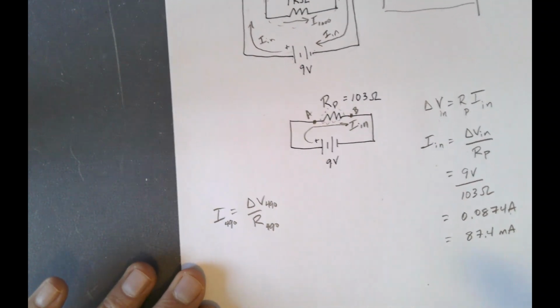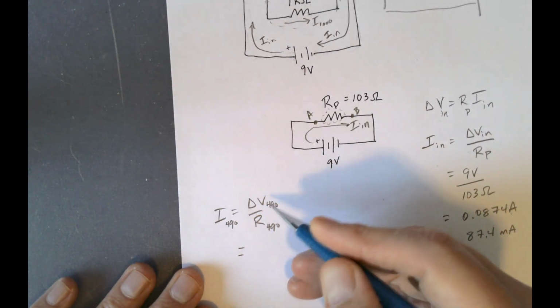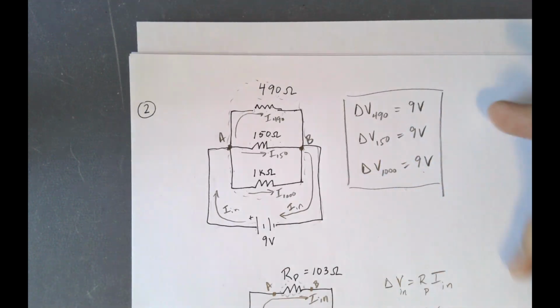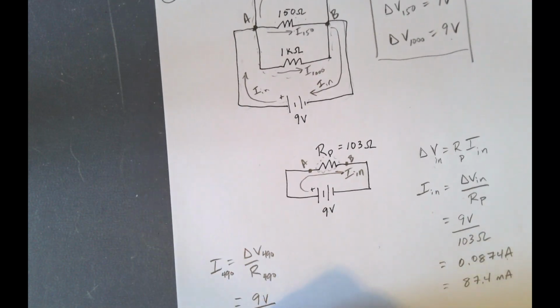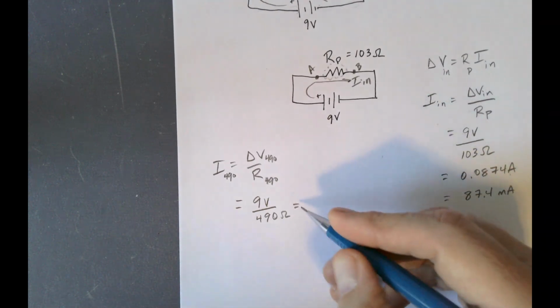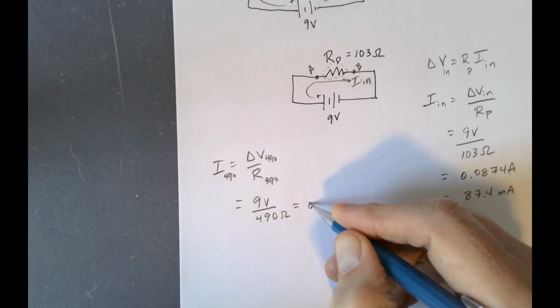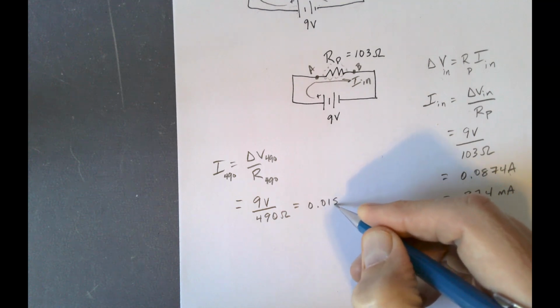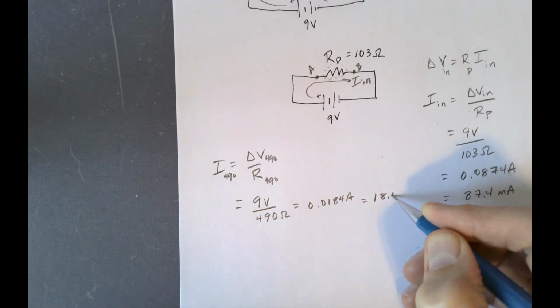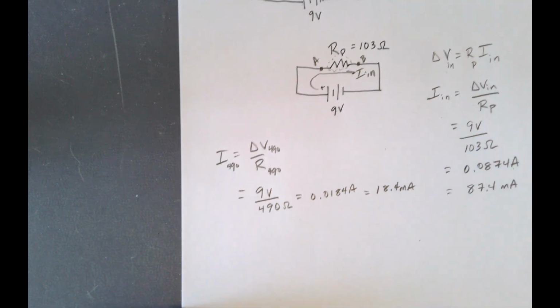We know that delta V for the 490 was 9 volts. That's what we had right up here. And our resistor is 490 ohms. And this gives us a current of 0.0184 amps, which is equal to 18.4 milliamps.